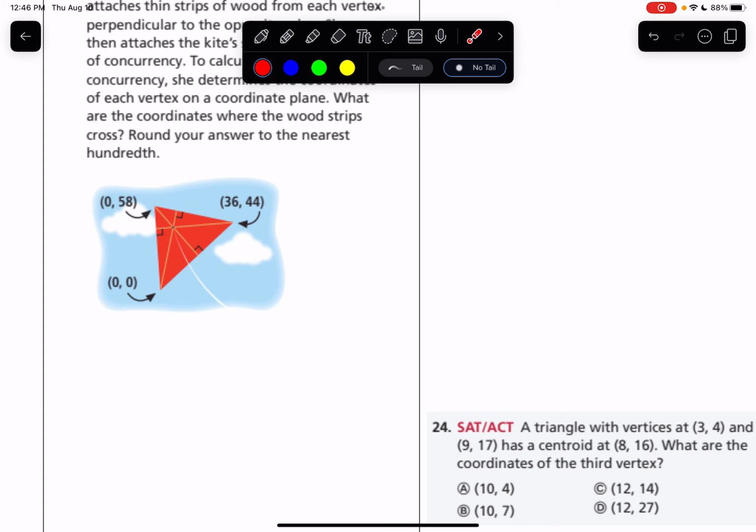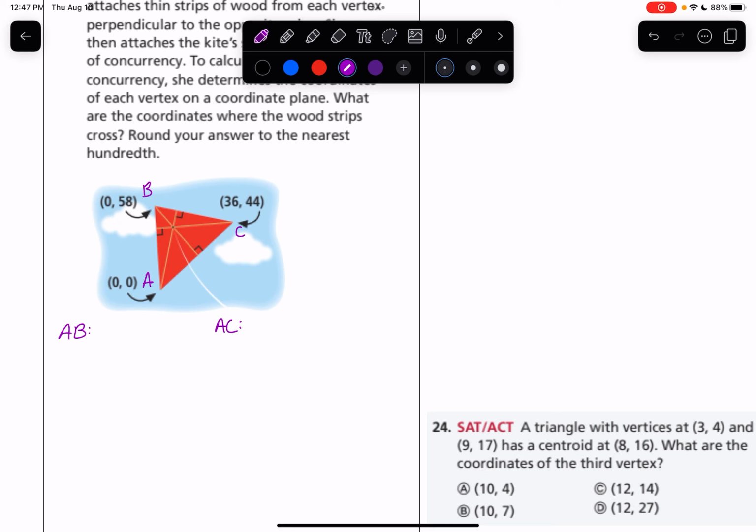So the whole process for that, I'm going to label these points A, B, and C. And when I label these A, B, and C, I am going to go ahead and find the equation of AB. And I'm going to go ahead and find the equation of AC. So these are my first two things.